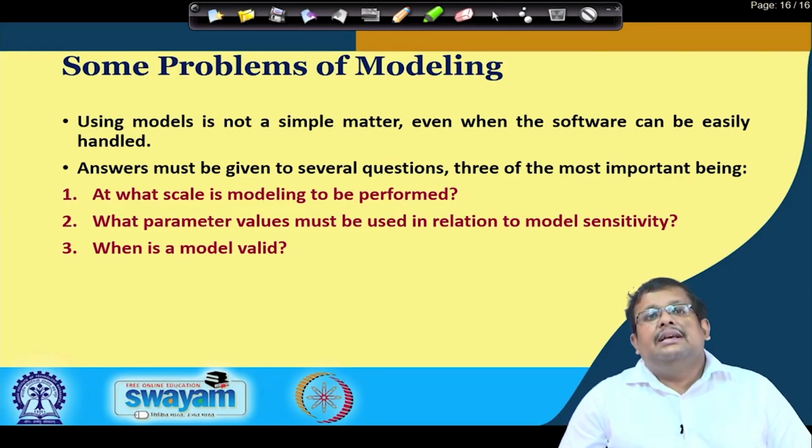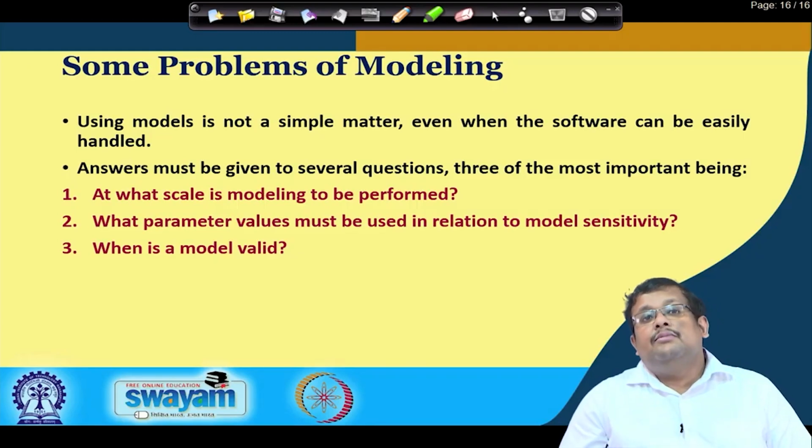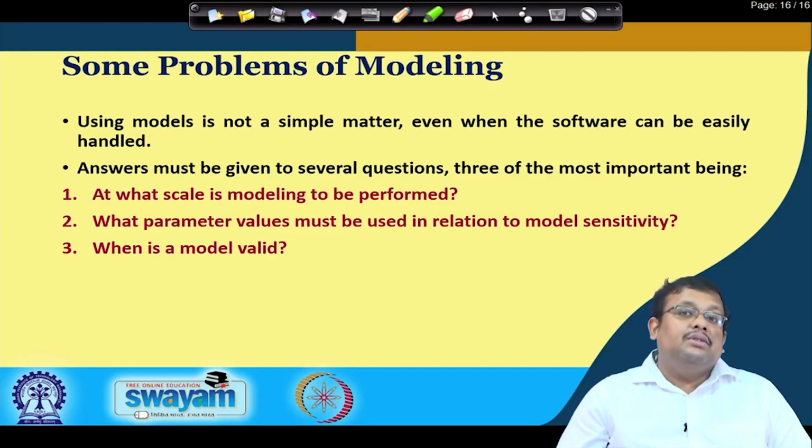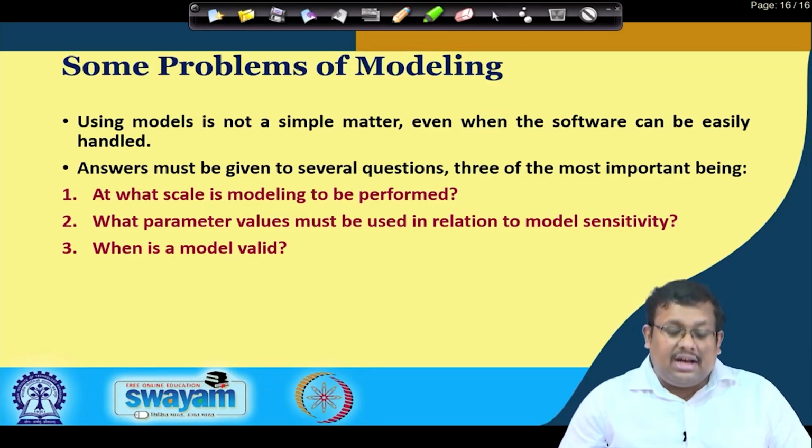But remember that using a model is not a simple matter, even when the software can be easily handled. Now, before we run the model, we have to be sure about these three aspects. So, we need to know the answers for different questions. Three of the most important questions are: at what scale the modeling is to be performed? So, in which scale we want to perform this modeling? This is very important, otherwise the model will not be valid.